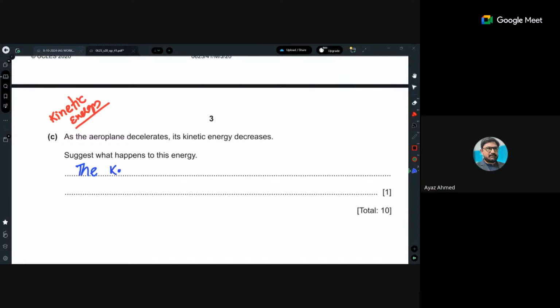The kinetic energy. Sir, would it be lost as thermal energy or something? Yes, exactly. Because the aeroplane is applying the brakes now. So that is converted to thermal energy of the braking system.